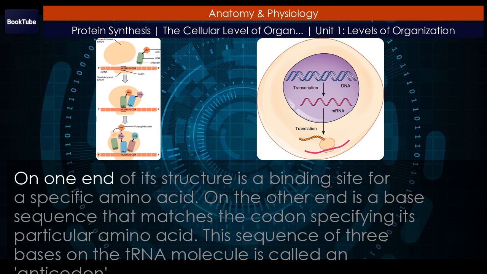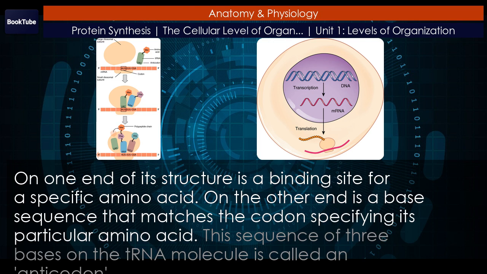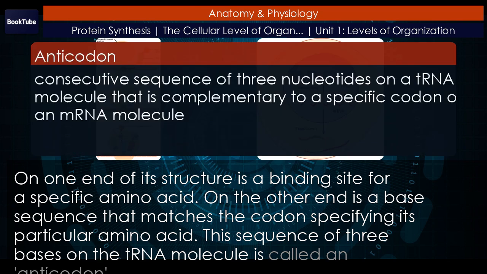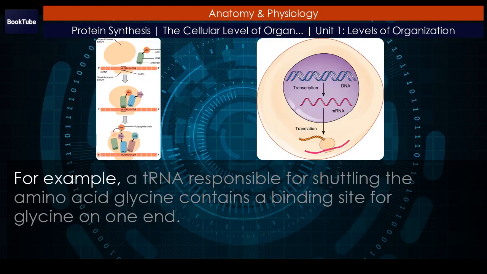On one end of its structure is a binding site for a specific amino acid. On the other end is a base sequence that matches the codon specifying its particular amino acid. This sequence of 3 bases on the tRNA molecule is called an anticodon. For example, a tRNA responsible for shuttling the amino acid glycine contains a binding site for glycine on one end.